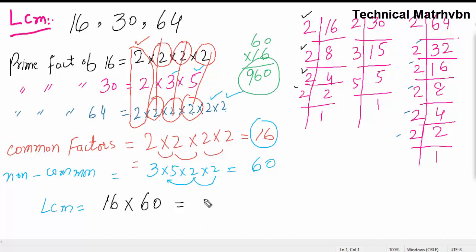So it will be 960. 960 is the least common multiple of 16, 30 and 64. Now try this question with another method that is very simple.